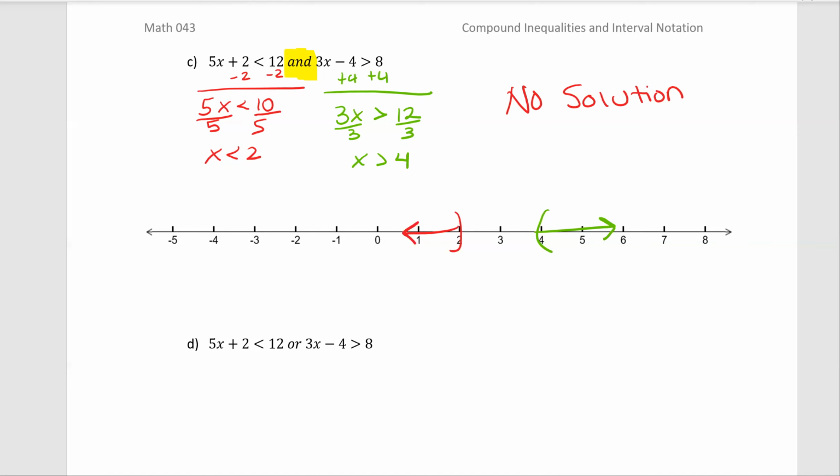And if you notice, the next example is the same problem, but this time it has the word or. So we'll have the same work, same number line, but since it is an or, we want all possible answers.